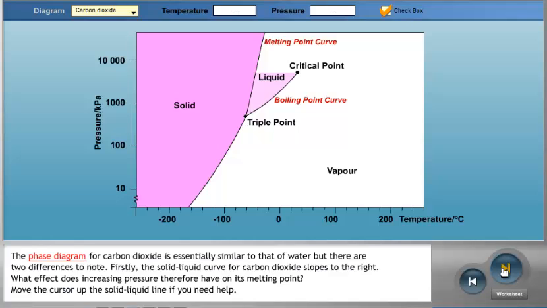The phase diagram for carbon dioxide is essentially similar to that of water, but there are two differences to note. Firstly, the solid-liquid curve for carbon dioxide slopes to the right. What effect does increasing pressure therefore have on its melting point? Move the cursor up the solid-liquid line if you need help.